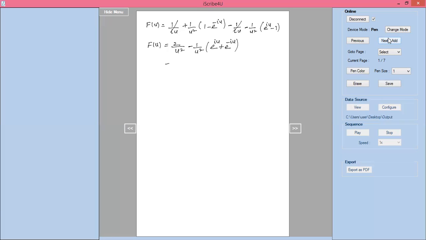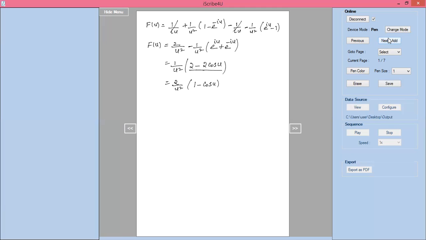Now I'll take 1 by u square outside. So 2 minus e power i theta plus e power minus i theta is nothing but 2 cos u, divided by u square, already I took outside. So now 2 divided by u square into 1 minus cos u.